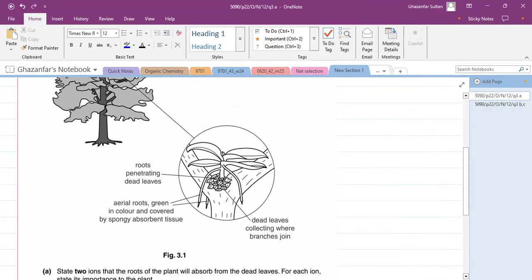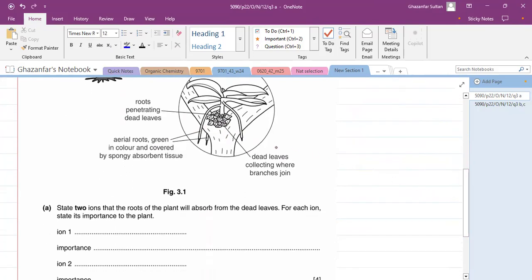So you can see here, these are the dead leaves, and from here roots penetrate, and aerial roots, which are green in color and covered by spongy absorbent tissues, develop.